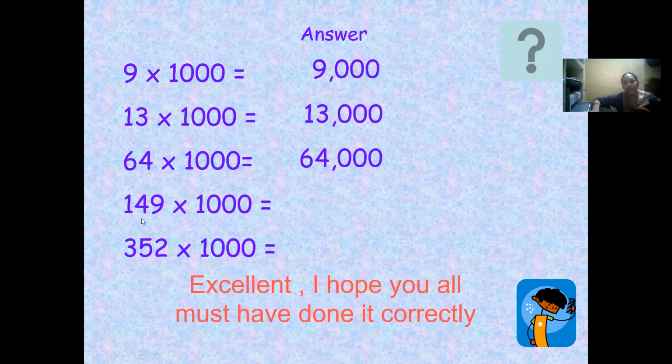When you multiplied 149 by 1000, the answer is 1,49,000. When you have multiplied 352 by 1000, you got the answer 3,52,000. So excellent students, I hope again you all must have done it correctly and congratulations to all.